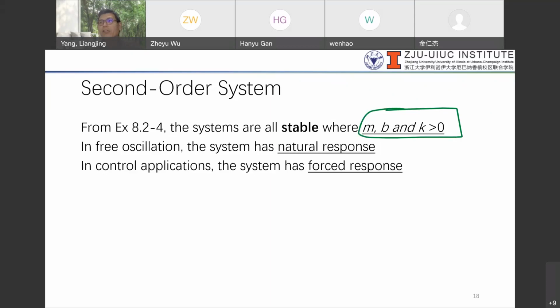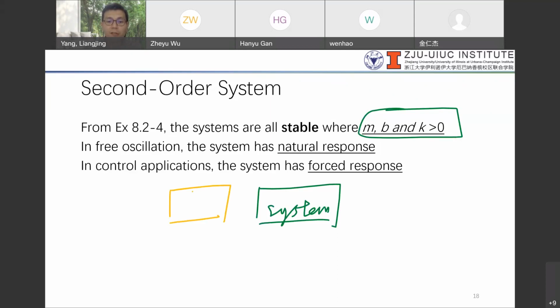In control application, remember this time round, we are not really just looking at a natural system. If we have a system, but we actually put in something extra, a controller, to control this system, then this entire thing can also be viewed as a system.